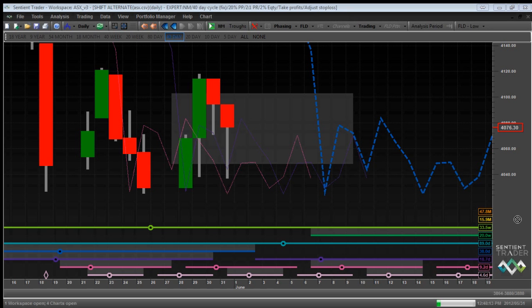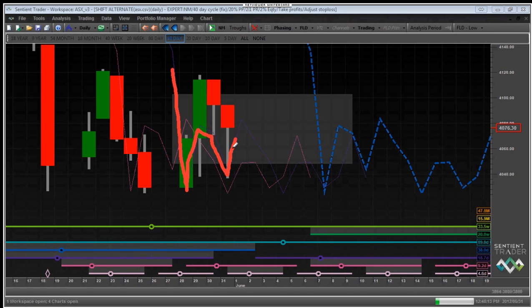Okay, so let's see. Here there was a trough in the FLD on this bar here. There we go. Okay, let me clear the whiteboard and start again, otherwise it's going to become a huge mess. All right, let me draw the FLD again.